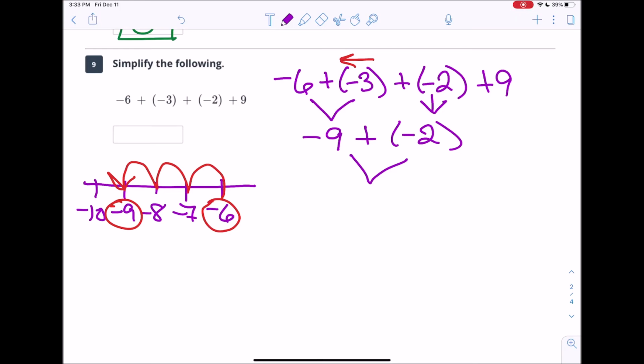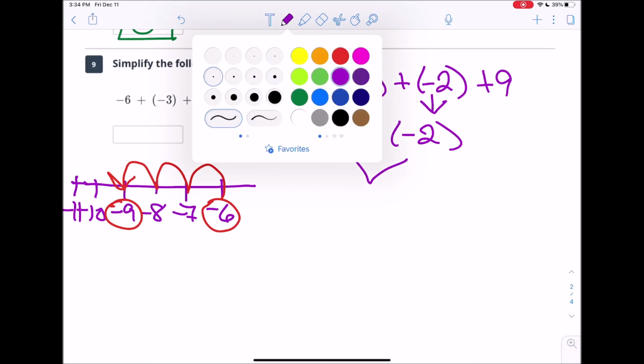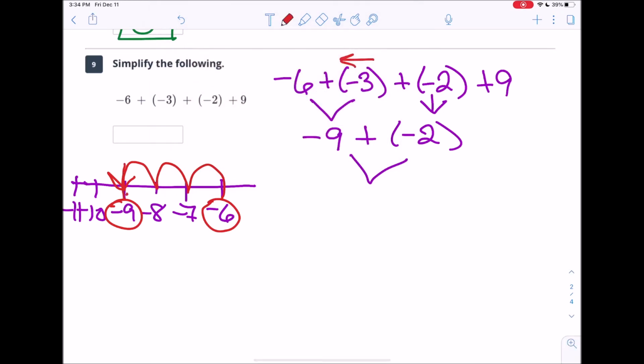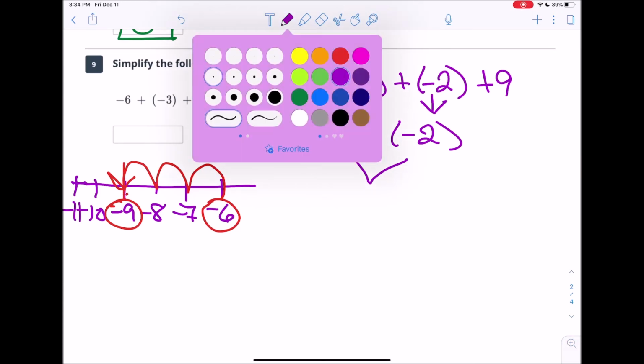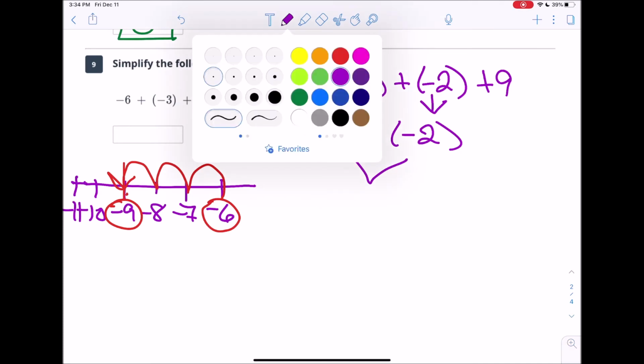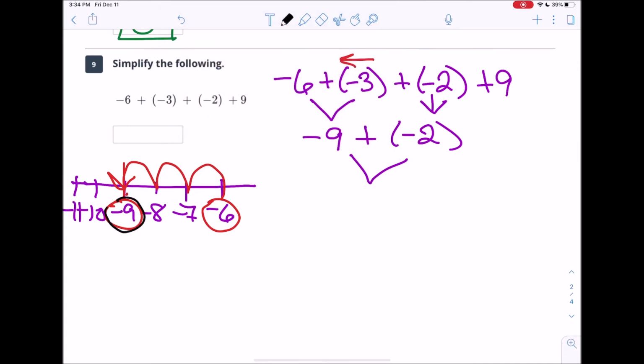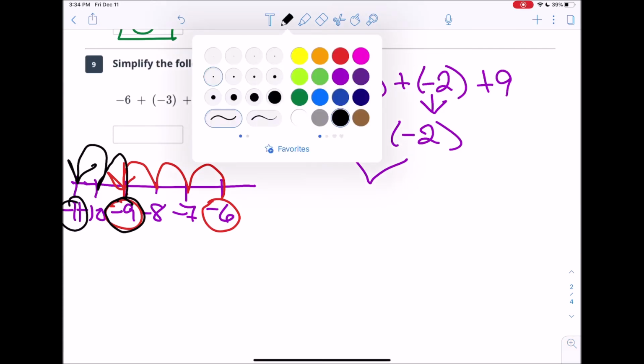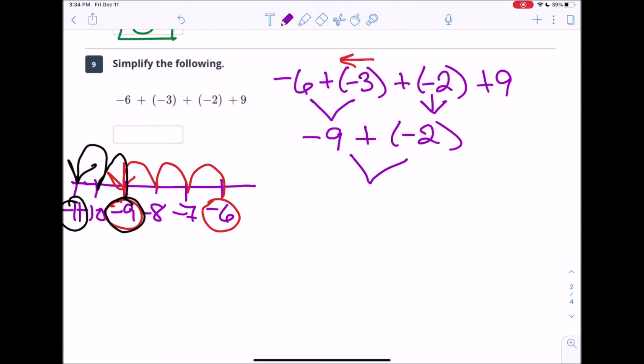So I'm at -9 and I go 2 more spaces. Let me change colors. Let's do black. Now if I'm at -9 and I go 2 more spaces to the left, 1, 2, I end up at -11. So -9 plus 2 more negatives gives us -11.